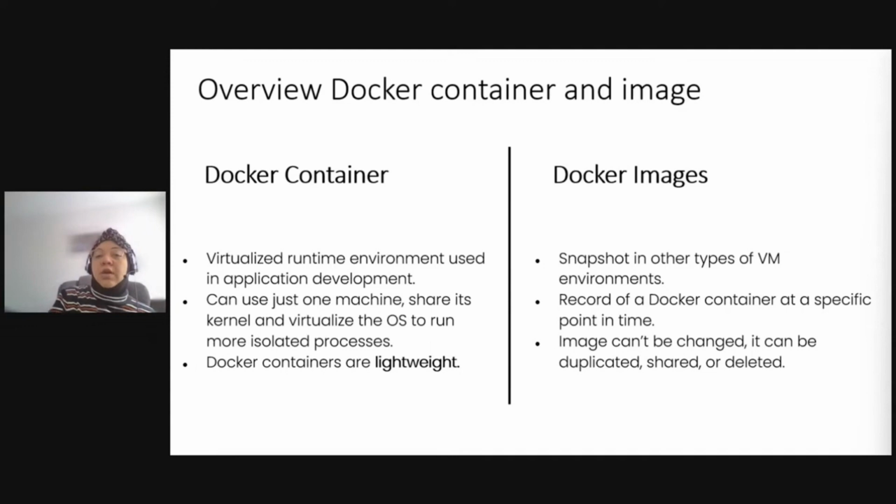But a Docker image is like a snapshot in other types of virtual machine. It is a record of a Docker container at a specific point in time. Docker images are also immutable. While they can't be changed, they can be duplicated, shared, or deleted.